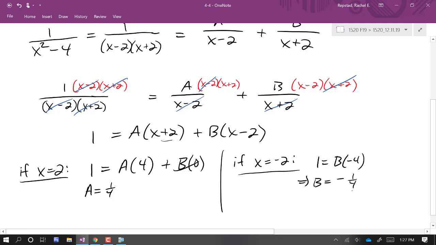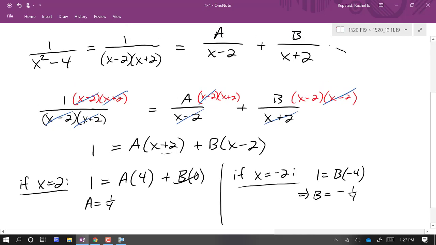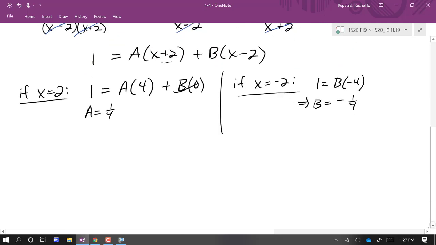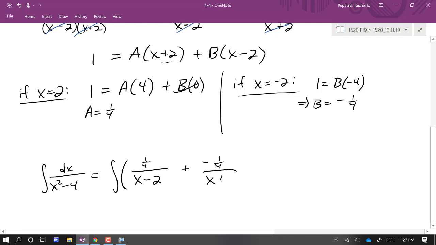Negative 1/4. Perfect. Okay. So now what we're going to do is throw these values up here. So the integral dx over x squared minus 4 is equal to the integral of 1/4 over x minus 2 plus negative 1/4 over x plus 2 dx.